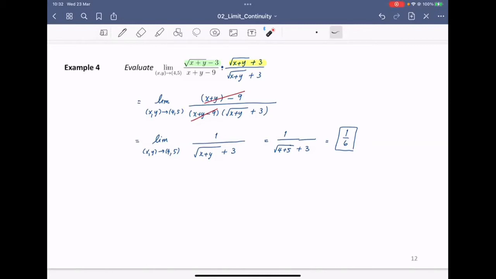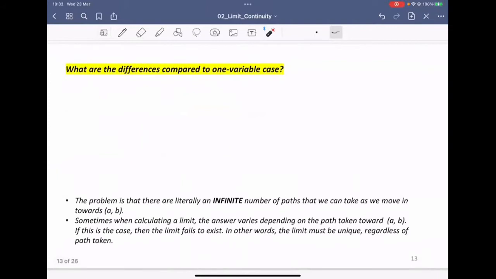Okay, good. All right, next we're going to look at the thing that I mentioned last time. Let's talk about this for 20 more minutes, and then I'll give you a break, okay, everyone? So what are the differences compared to the one variable case? I told you last time that the thing that is very interesting, and different from the one-dimensional case, is this. In the one-dimensional case, you used to have the left hand limit and right hand limit.